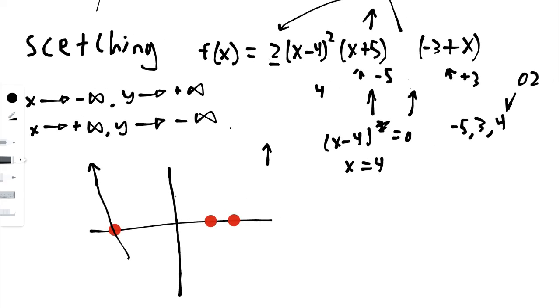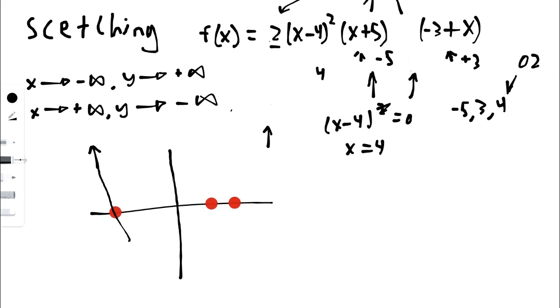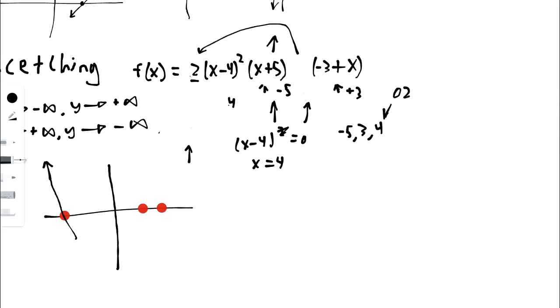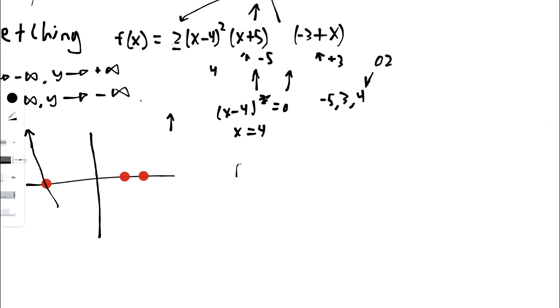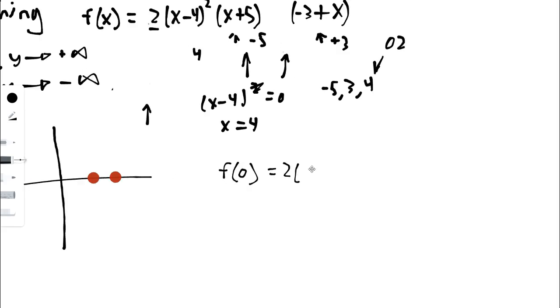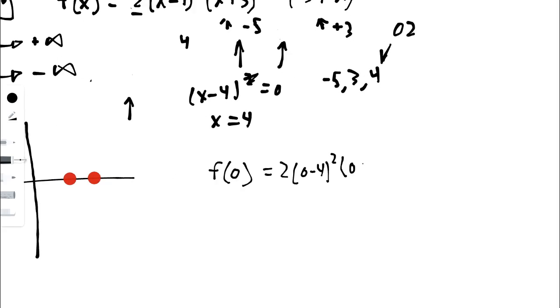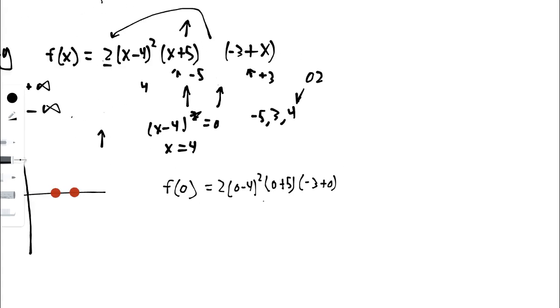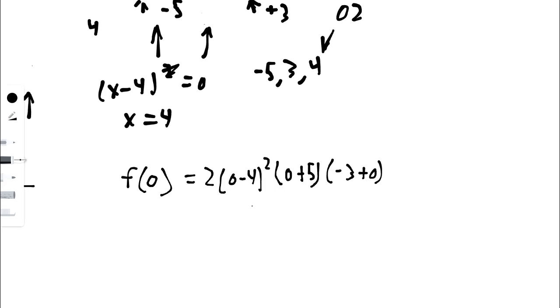Actually, let's do the y-intercept as well. So for that one, remember, you just set x equal to 0. So f of 0, there we go. And then just solve.